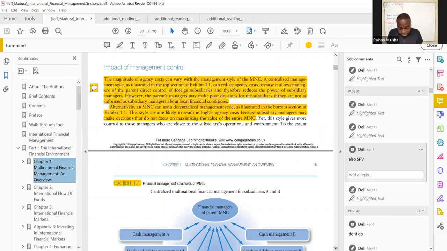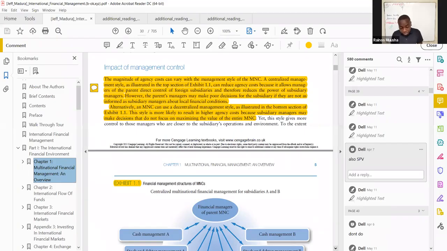Now, in the next section, we look at the impact of management control. Remember we've said that with a multinational corporation, we have different subsidiaries from across the world. We have seen that there might be agency problems, so how do we make sure these different subsidiaries are in line with the goal of the multinational corporation?